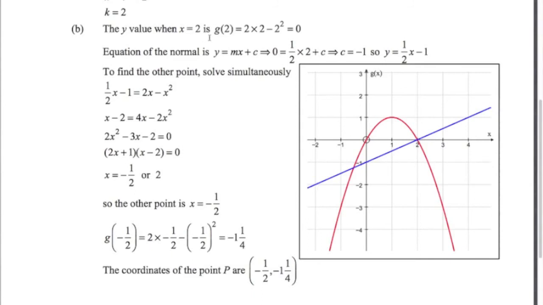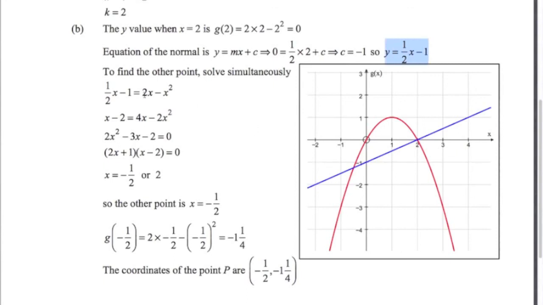The y value when x equals 2, substituting 2 into the original equation, is 0. As you can see from this little picture, the y value is 0. So we know the x value is 2, the y value is 0, the gradient is a half. Substitute that all in and we get c equals minus 1. So here's the equation of the line: y equals a half x minus 1.